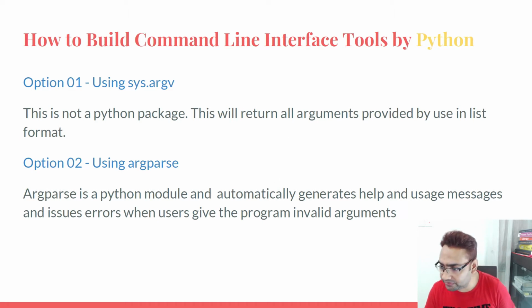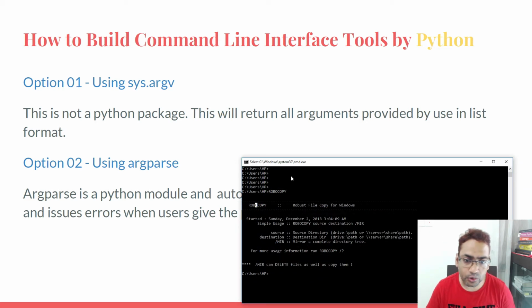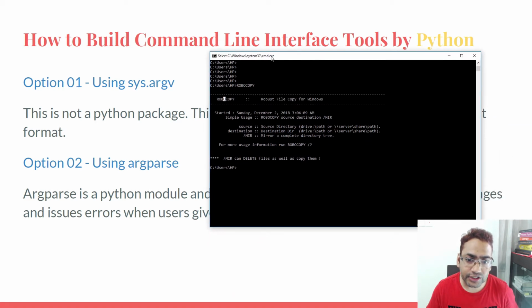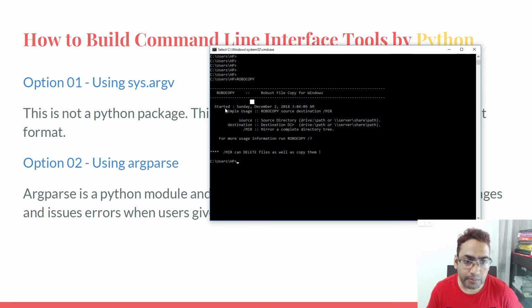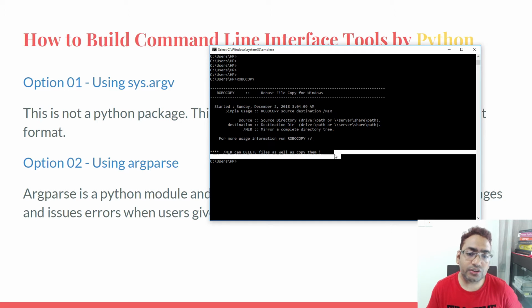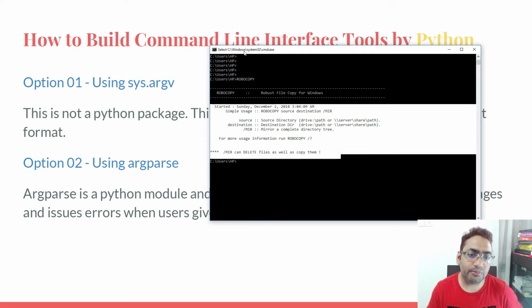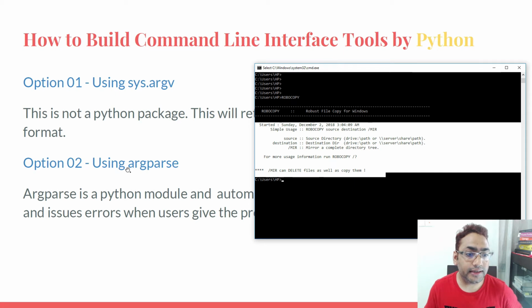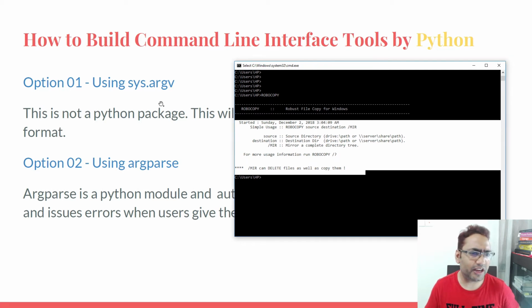For example, if we go back to robocopy, during execution we see the simple usage, the source, and which arguments are required. We can generate all this help using argparse, and we cannot using sys.argv. If you have a very simple app where you just want to catch some user input, you can go with sys.argv, but that is very rare. Mostly you will go with argparse.